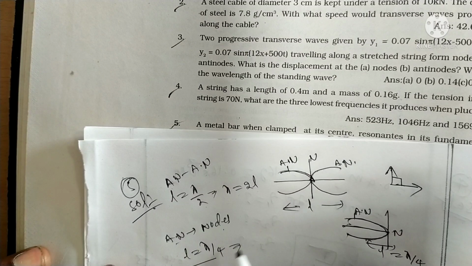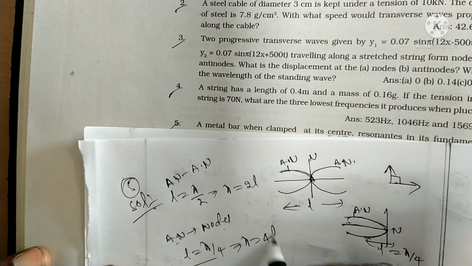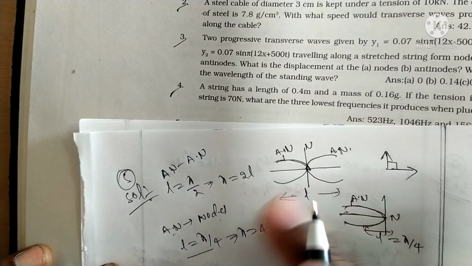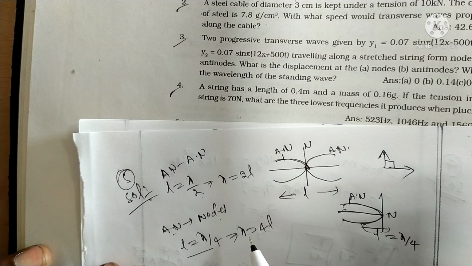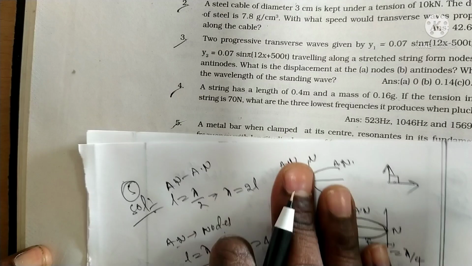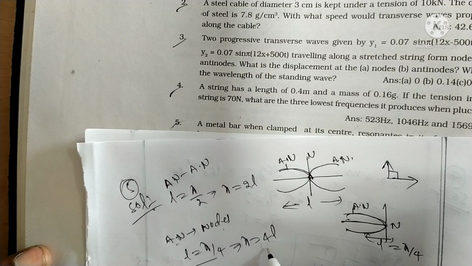So L is equal to lambda by 4, lambda is equal to 4L. Comparing the above two equations, lambda is equal to 2L at the center and lambda is equal to 4L at one end.